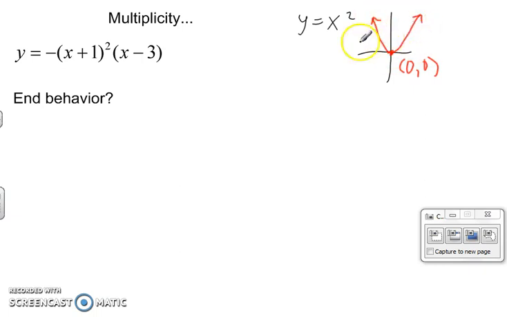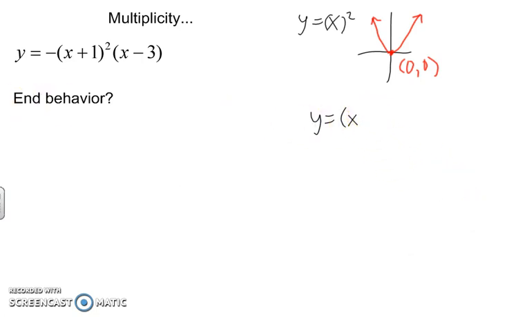And so anytime you have a graph that has the same factor twice, like let's try this one, y equals (x plus 2) squared. We've done a lot of transformations this year, so we know that takes that graph and moves it 2 units to the left.